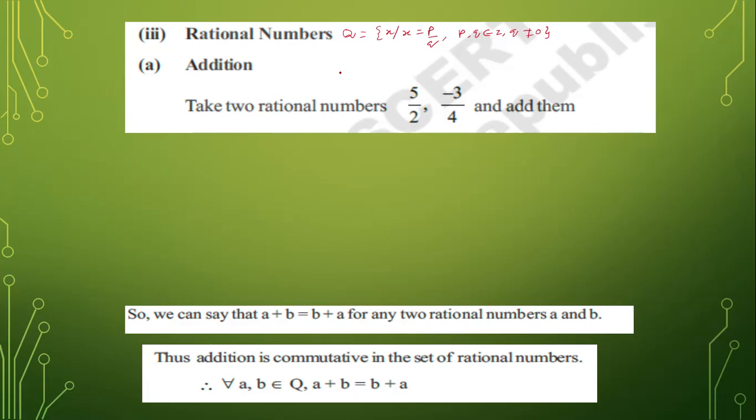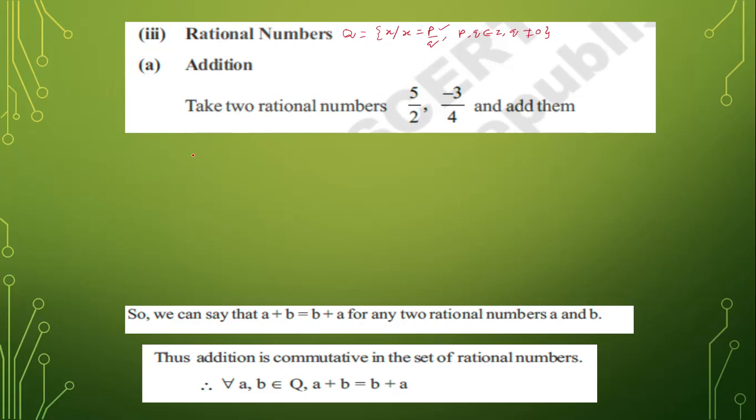That means the numerator and denominator are integers and the denominator may not be 0. Then we can say those are rational numbers. Already we have discussed rational numbers in the previous video.